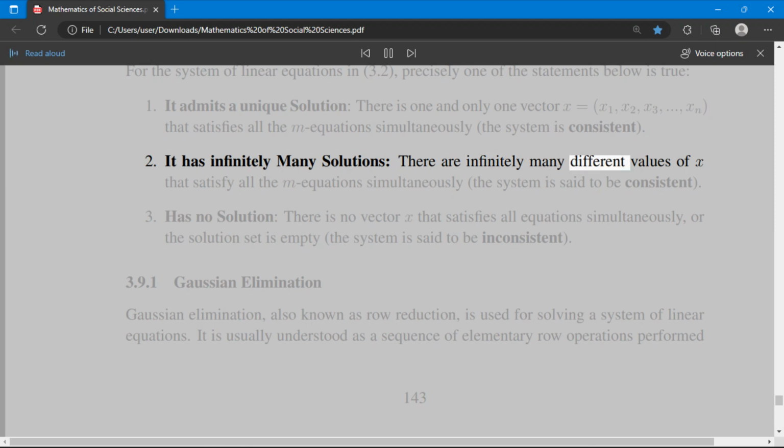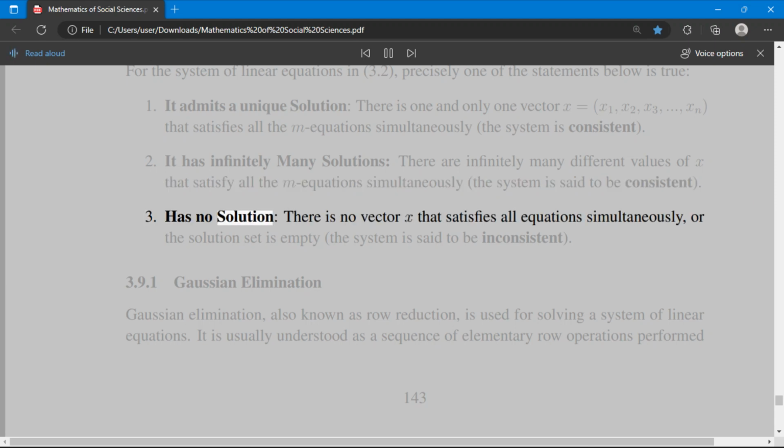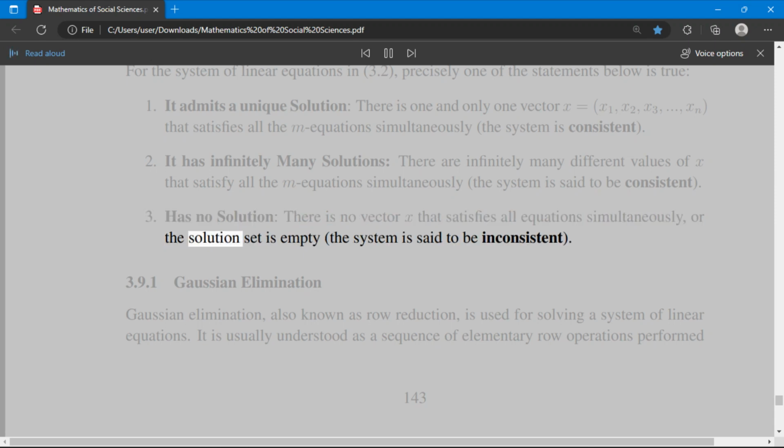It has infinitely many solutions. There are infinitely many different values of x that satisfy all the m equations simultaneously. The system is said to be consistent. 3. It has no solution. There is no vector x that satisfies all equations simultaneously, or the solution set is empty. The system is said to be inconsistent.